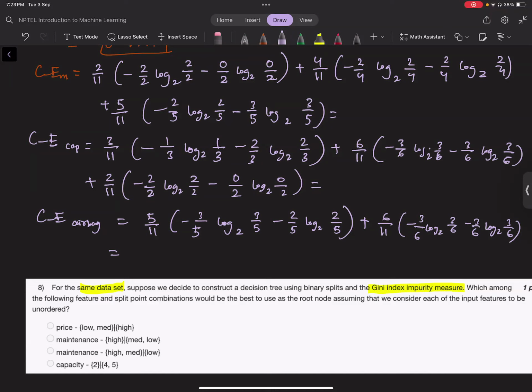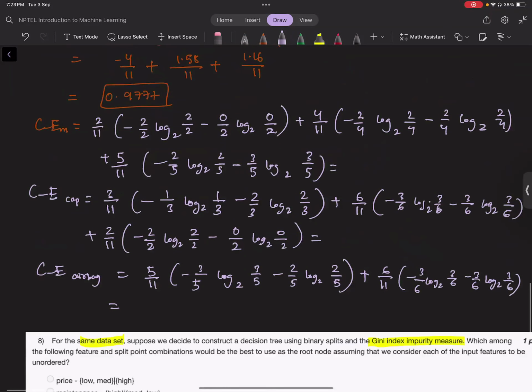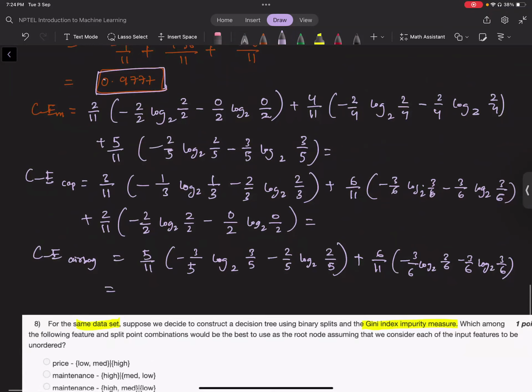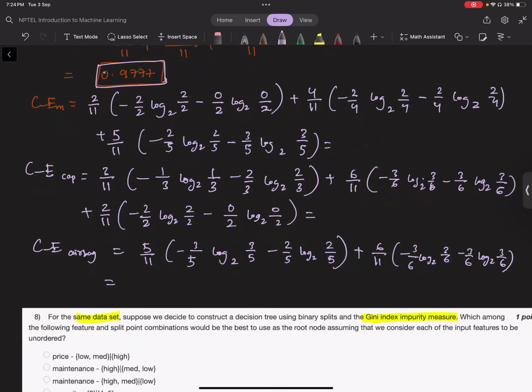You can calculate as well in the meantime. We have to select the minimum of these 4. The first one is 0.9777. I want to calculate the rest 3. Give me 2 minutes.